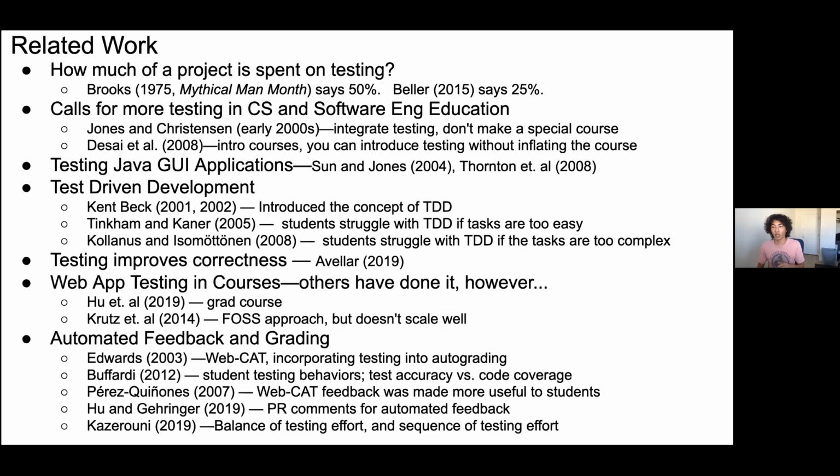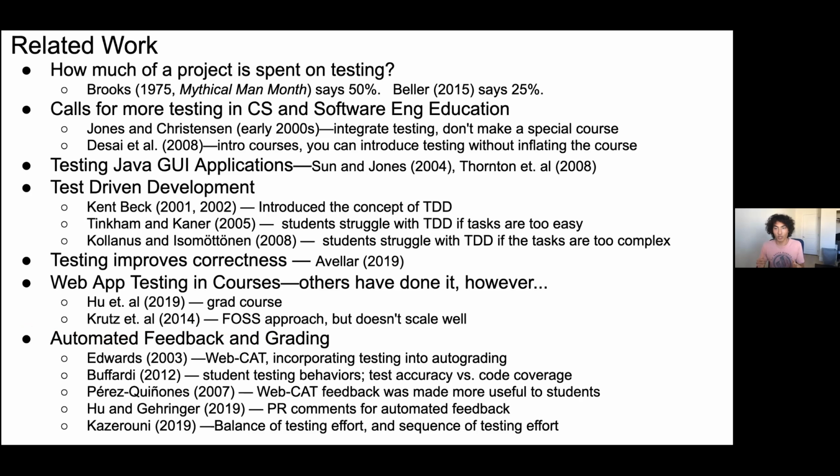Furthermore, we have Hu and Geringer in 2019 demonstrating that if students received feedback on their programming assignments in the form of pull request comments, students were generally receptive to this feedback. And finally, we have Kazaruni in 2019 putting out a paper demonstrating that you needed to balance the testing effort.